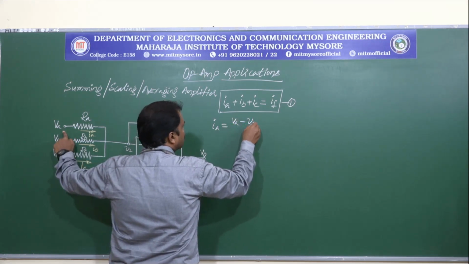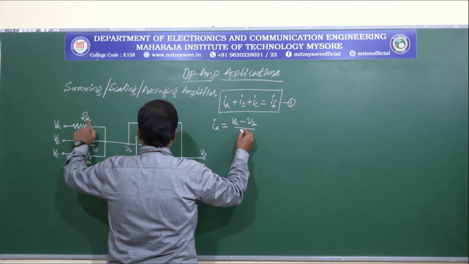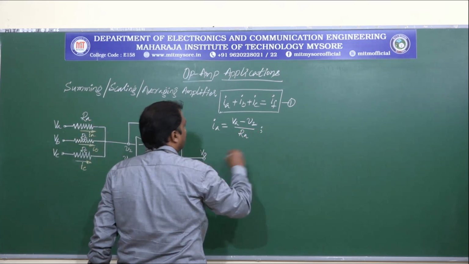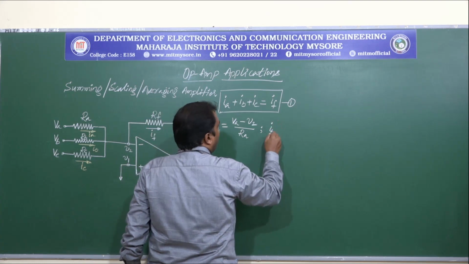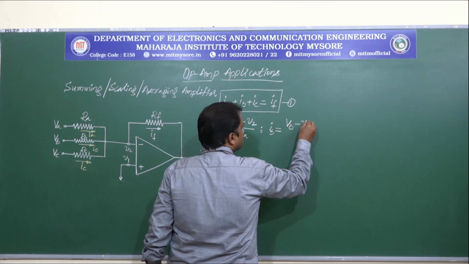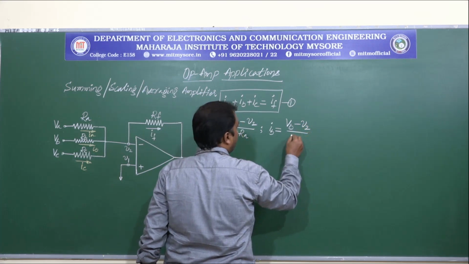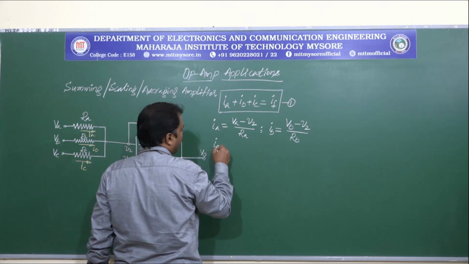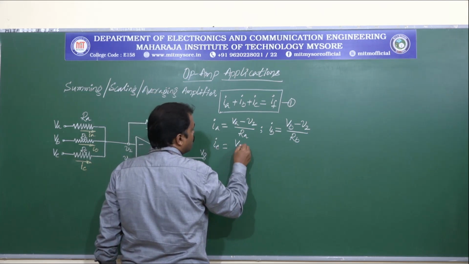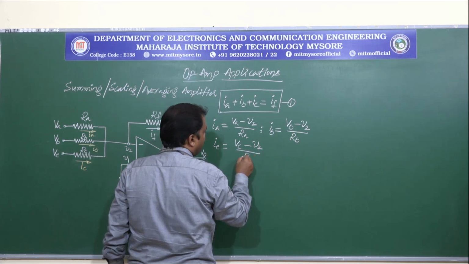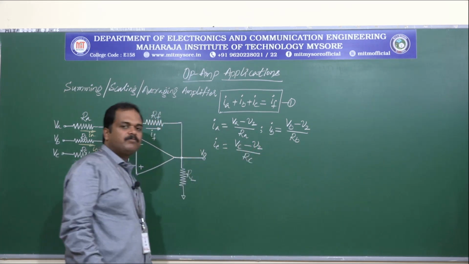So IA is equal to VA minus V2 divided by RA, IB is equal to VB minus V2 divided by RB, IC is equal to VC minus V2 divided by RC.